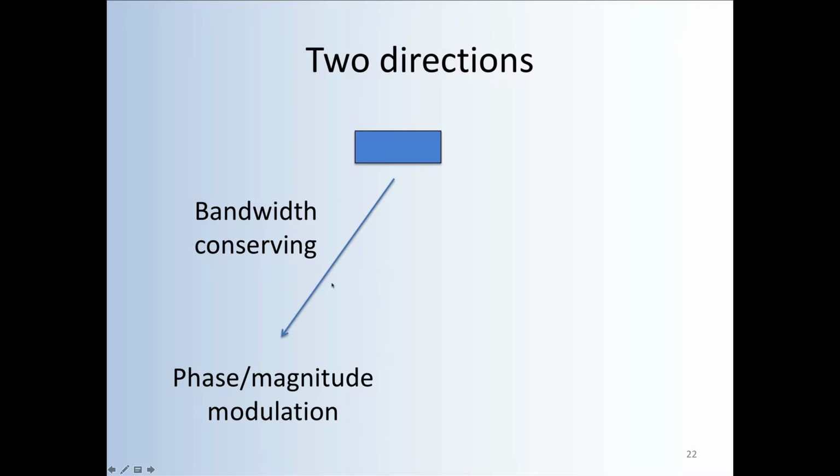The reason we went in that direction was that phase and magnitude modulation are bandwidth conserving, because if we communicate information through multiple phases or multiple magnitudes, that has no effect on the bandwidth. So we're communicating extra information without consuming any additional bandwidth. But we're paying obviously a price for that, as we know from the fundamental limit I showed you earlier. Whenever we conserve bandwidth, we must be paying a price in energy per bit. And in this case, the reason we're paying a price is because the phase and magnitude modulation reduces the noise immunity of the signal. Signal becomes more susceptible to noise.